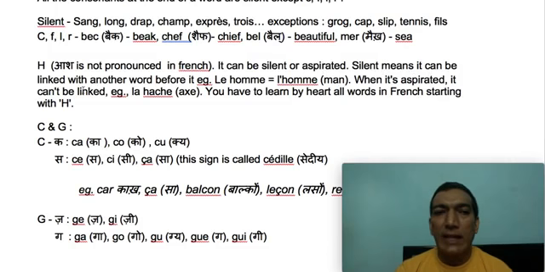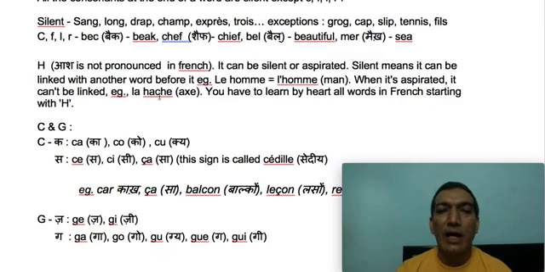Silent means it can be linked with another word before it, like in this example: le homme. Le means the, as in English, the definite article. So le, homme, which means man. Together they become l'homme, because H here is silent. When it is aspirated, it can't be linked.